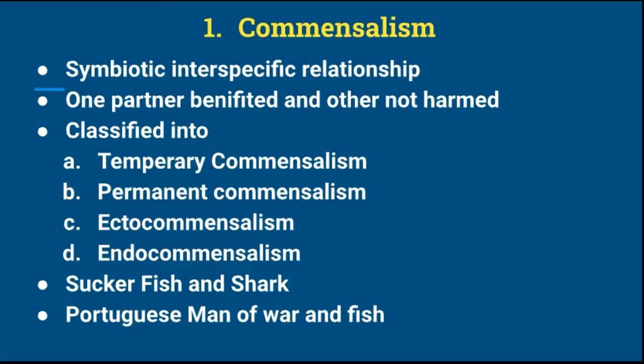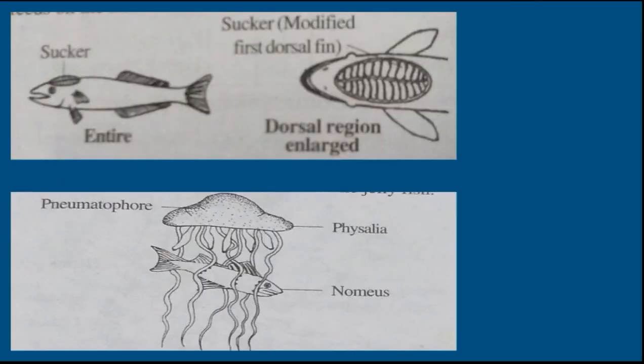In our syllabus there are two examples. The first is the suckerfish and shark. You have seen here that the suckerfish, Echeneis, has a sucker on the dorsal side, which is a modification of the first dorsal fin.